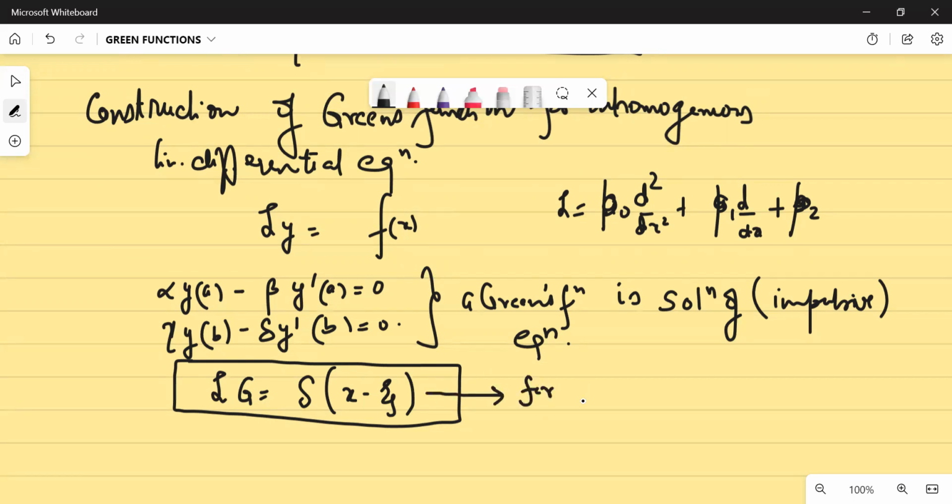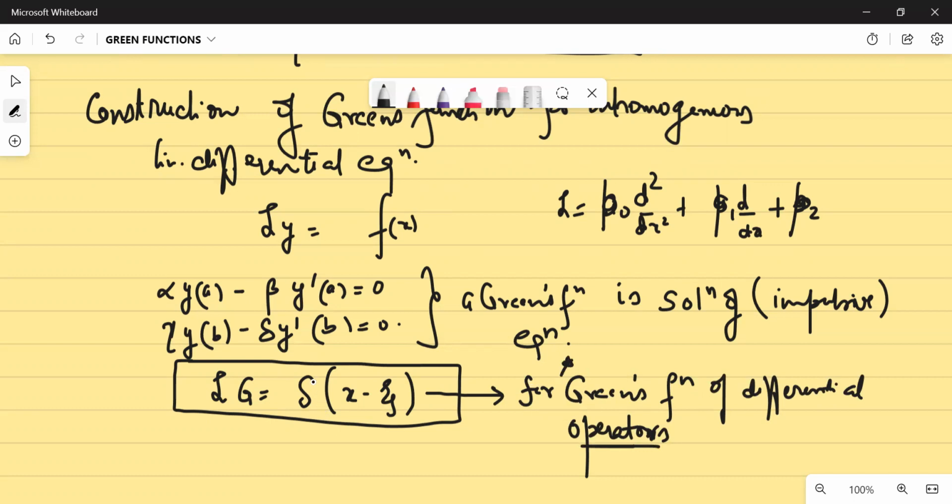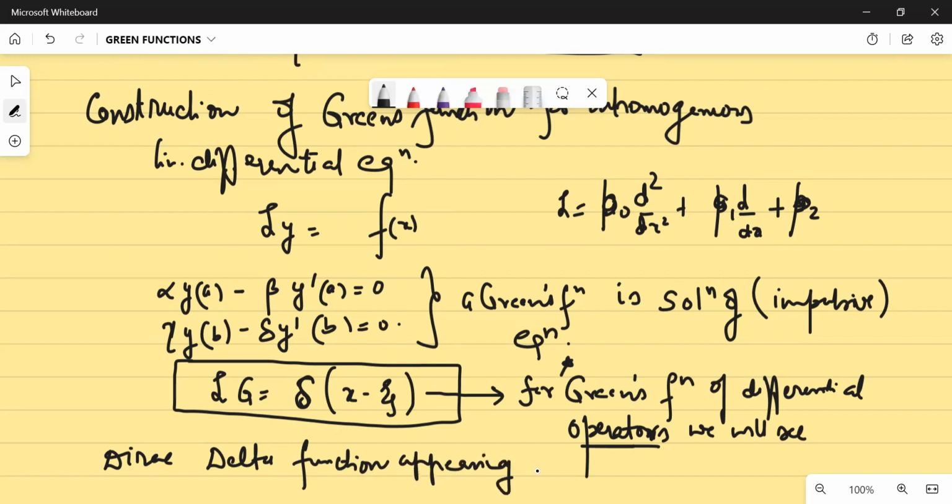So for Green's function of differential operators, we'll quite often see Dirac delta function appearing on the RHS of these differential equations. Okay, and certainly this will be of great help.